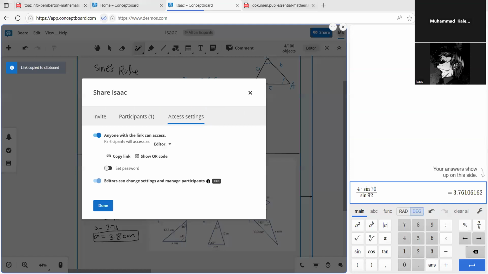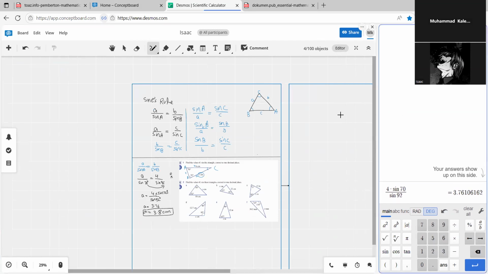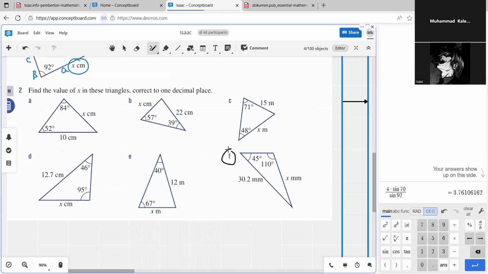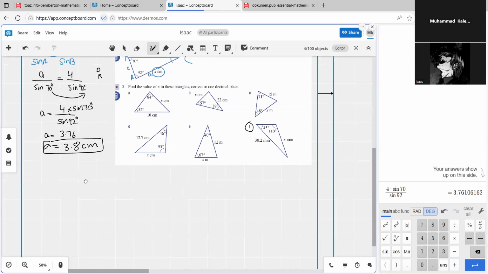I sent you the board link as well, so you can join if you want. Inform me when you're done. Okay, I wrote it down. Now you have to practice one question. Just practice this one quickly in your notebook, and after this class, you have to send me the picture.